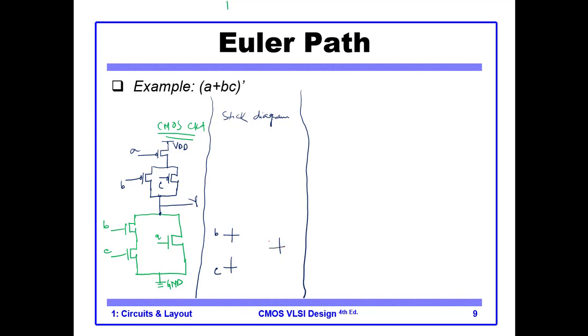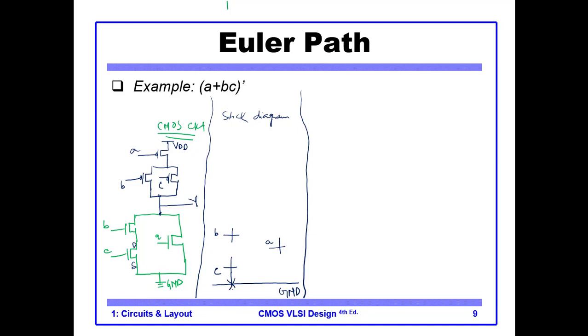So I put these three pluses. Okay, and then here I have the ground line. So you see the source of C is connected to the ground.